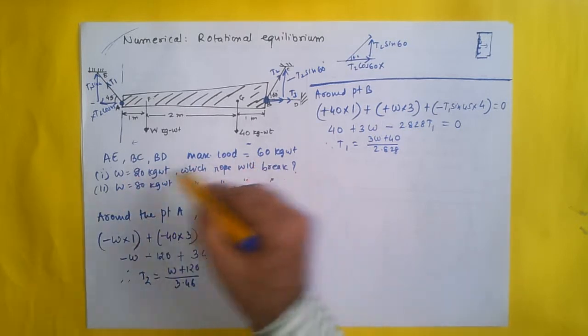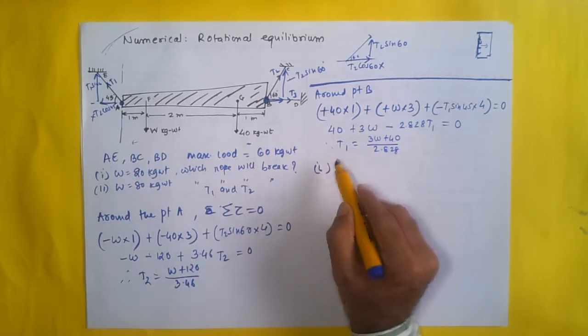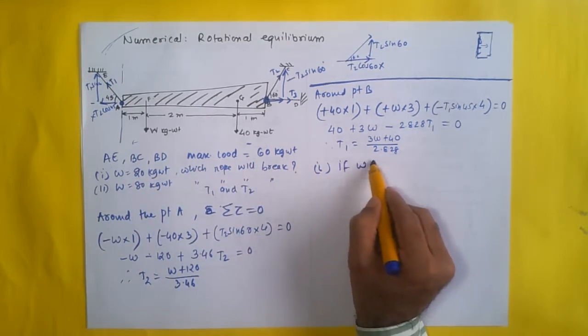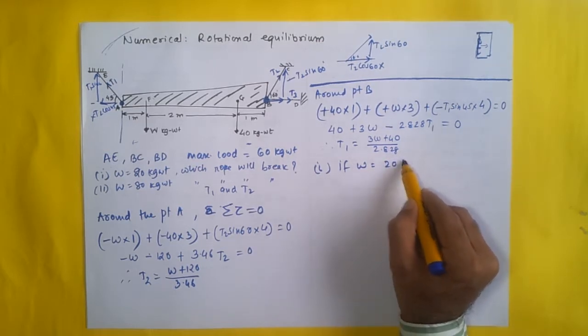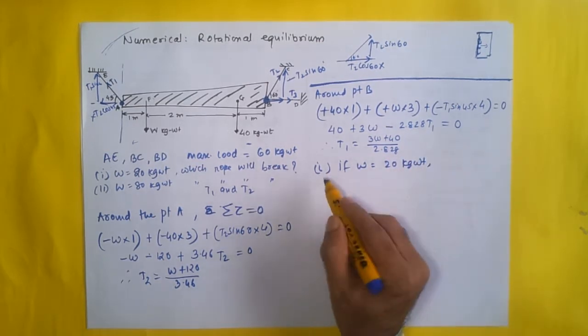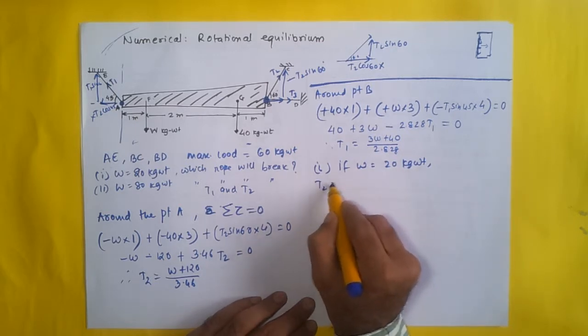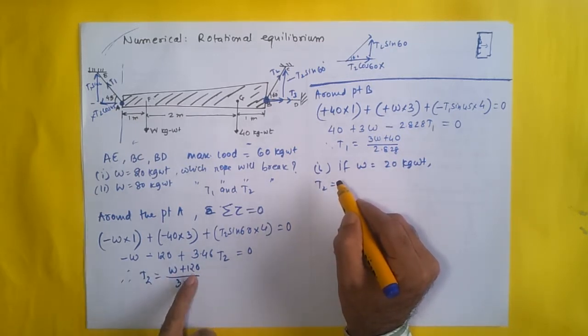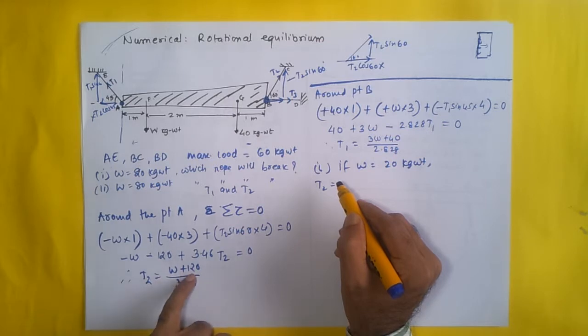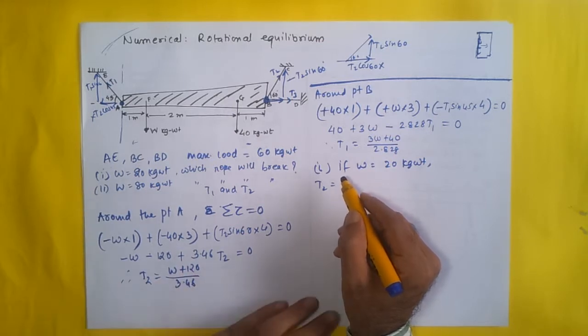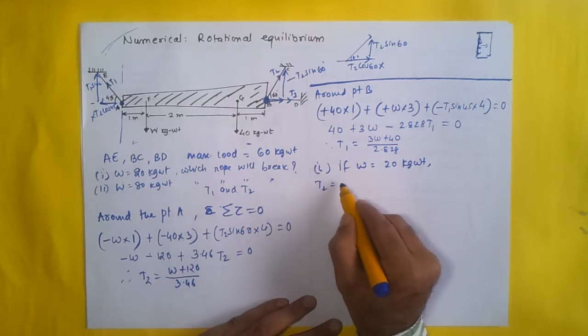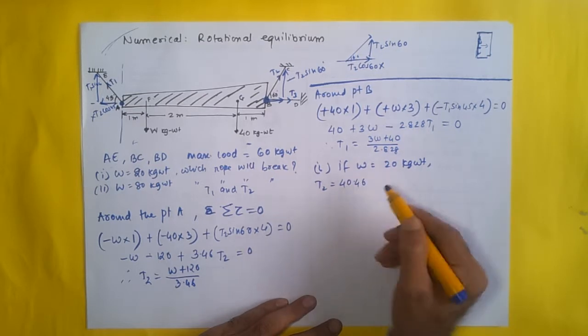And now I will handle this part, right? Part 1. If W is equal to 20 kg weight, I can find out T1 and T2 in that case. For W equal to 20, T2 will be 20 plus 120, so it will be 140 divided by 3.46. T2 will come out to be 40.46.